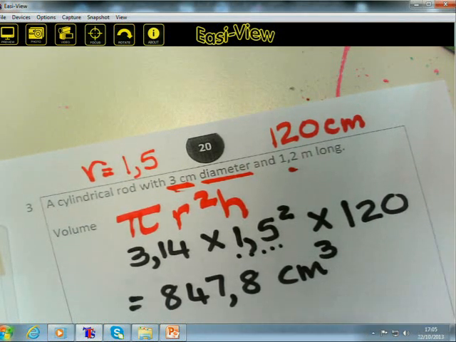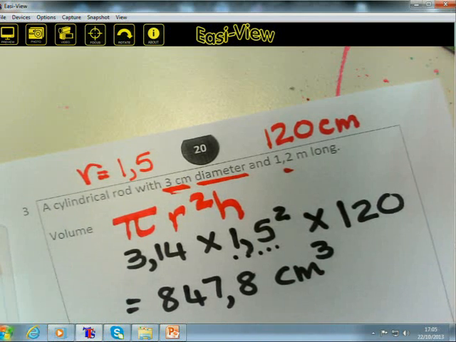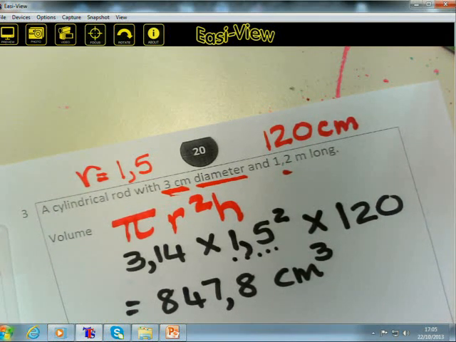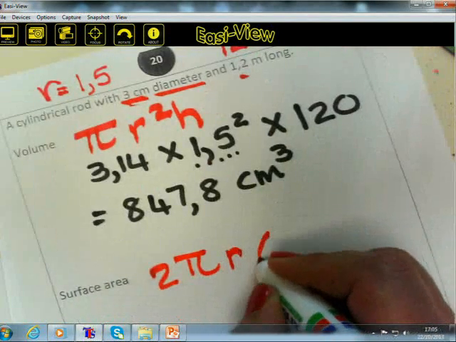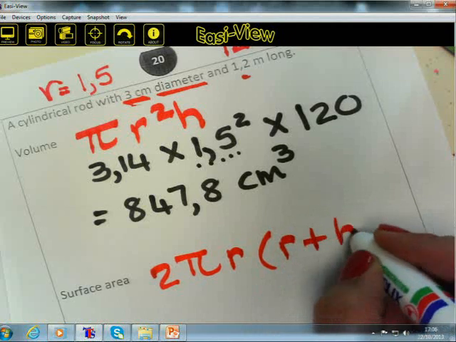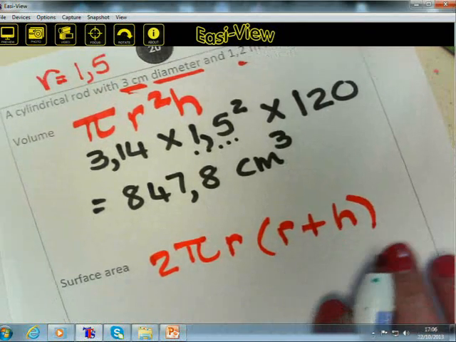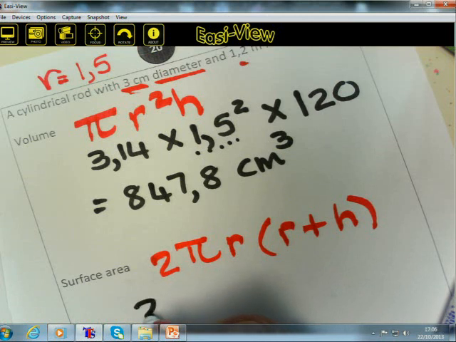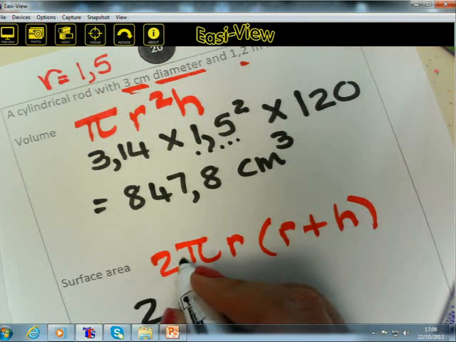Then the surface area of this cylinder, a cylindrical rod is like a cylinder, is 2 pi radius, bracket radius plus height, and this formula will be given to you. Now we just do the substitution. The 2 and the pi, they are kissing.